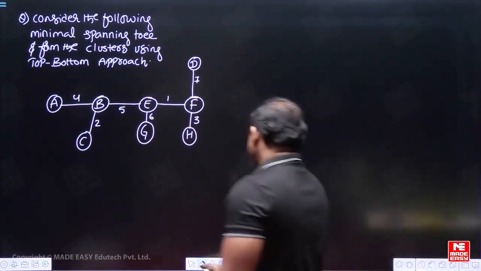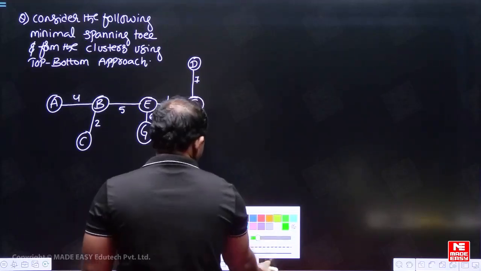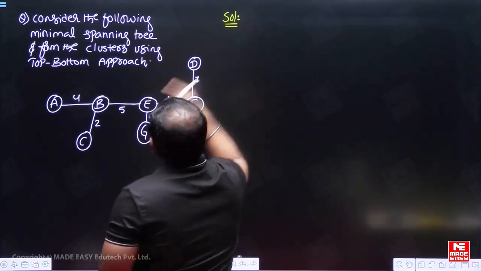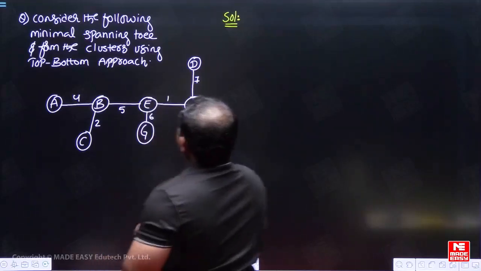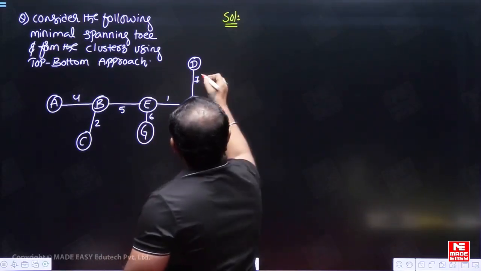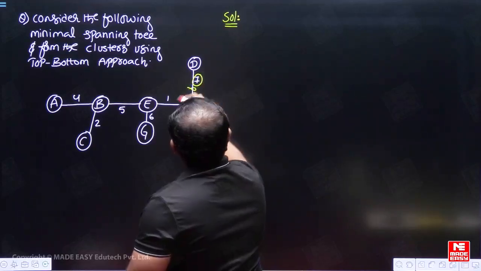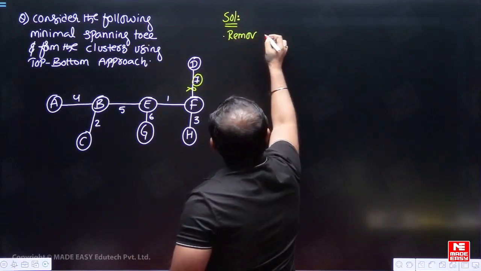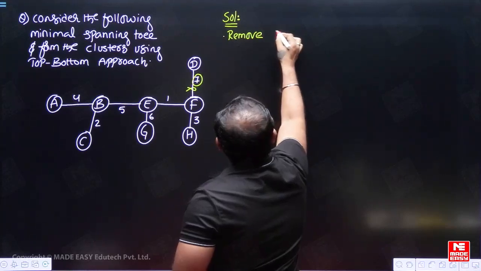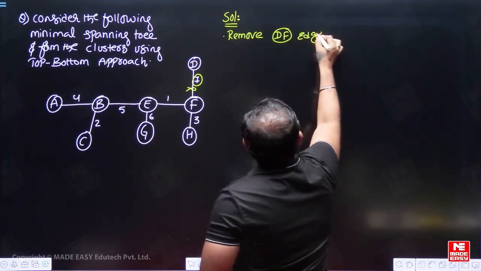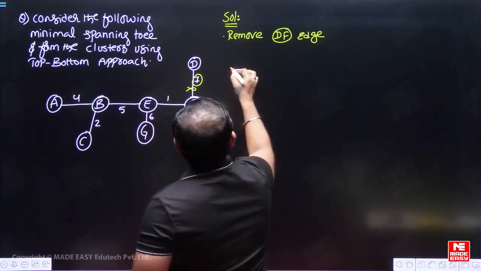So here, what is the method? First, from the MST, minimal spanning tree, verify the more cost, that is 7. This will be removed. So first remove the TF edge. So what is this?